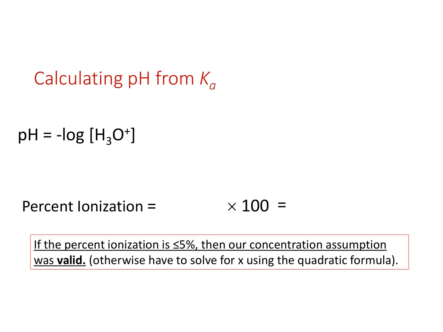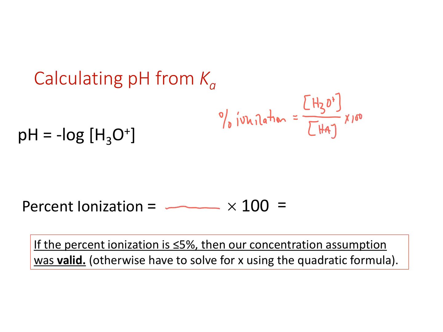We can also determine the percent ionization for this acid, remembering that percent ionization equals the concentration of hydronium all over the concentration of my weak acid HA times 100.